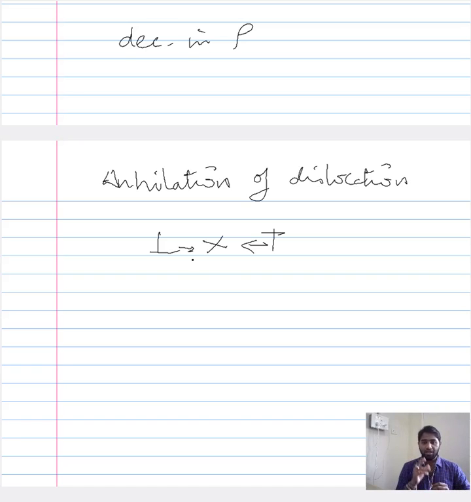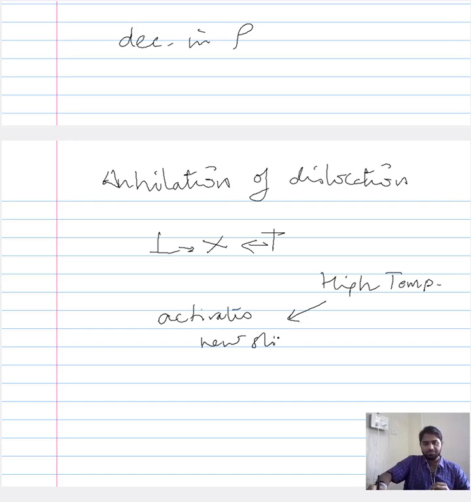However, since we are talking in the context of high temperature, we have seen in the previous lecture that high temperature activates new slip systems.